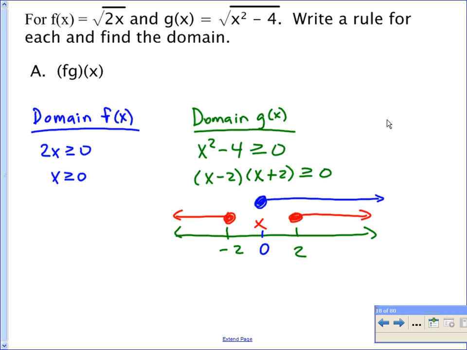And then the area where they're going to overlap is going to be in here. So that means that the domain, most of the time, except for when I'm dealing with the quotient, is going to be from 2 to positive infinity, including the 2. So that's our domain there.